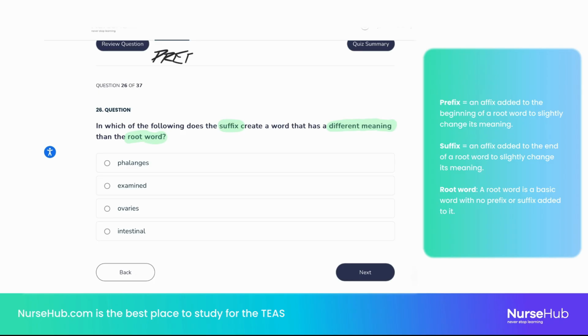We have prefixes, we have our root word, and then we have our suffixes. And we're asking ourselves, which way does the suffix change the root word? All right, so we have a bunch of different words here. We have phalanges, we have examined, we have ovaries, and we have intestinal. And we're asking, which one has a different meaning?